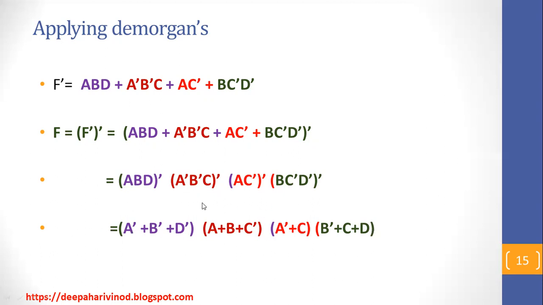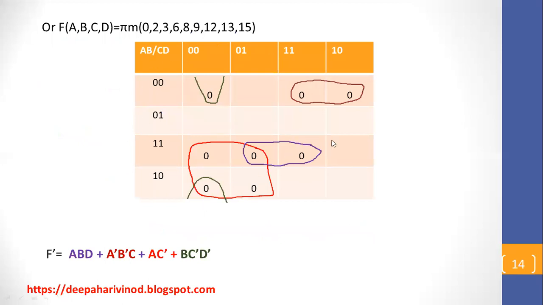What we understood from this is, in the case of POS, if we group zeros and write the equation in SOP, then we will get the F complement form, and we need to apply De Morgan's theorem and simplify to get the uncomplemented, minimized form of the given boolean function.